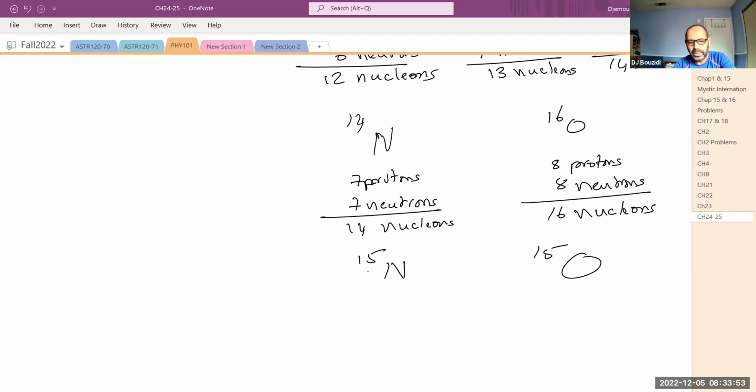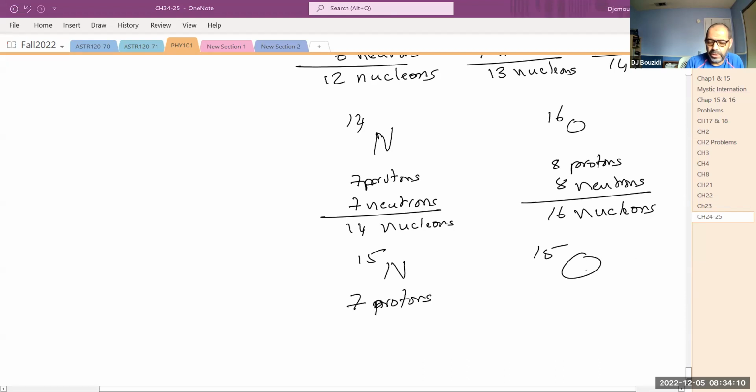I mean, chemically speaking, nitrogen 15 is the same as nitrogen 14. They have, for the most part, the same properties. At least chemical properties, they are the same. Because in a neutral nitrogen 15, it has 7 electrons to compensate for the 7 protons. In the normal oxygen 15 has 8 protons, and so is this one. So this one also has 8 protons.